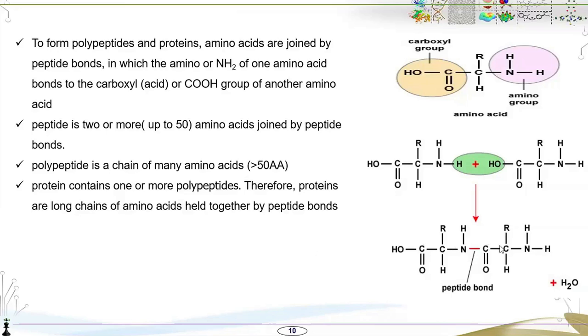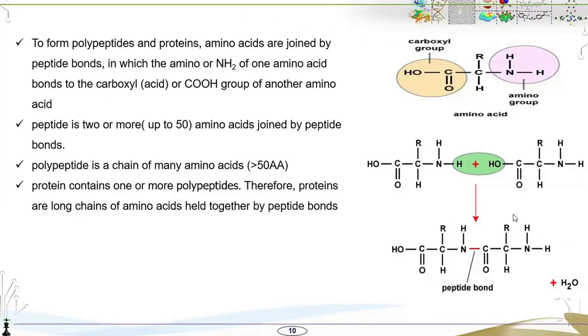As you know the amino acid structure, this is one amino acid, and this is another amino acid. So amino acids are joined by the peptide bond. How will the bond form? Let's see. The amino group, NH2, of one amino acid bonds to the carboxylic group, COOH, of the other amino acid.